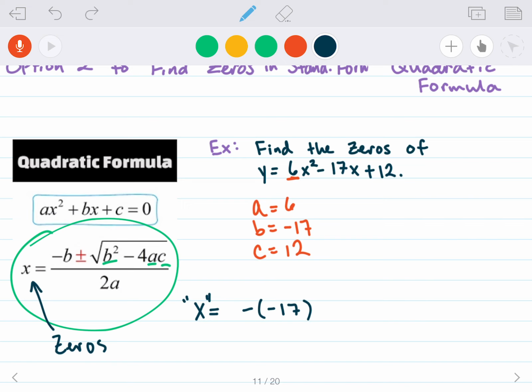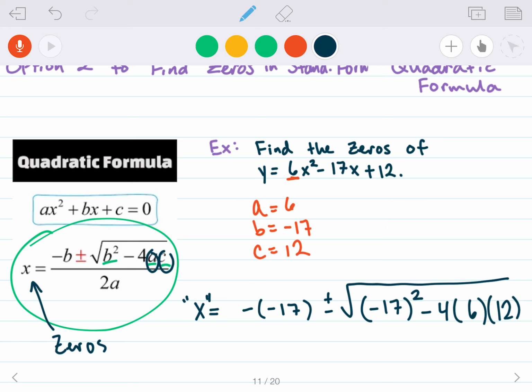Okay? Plus or minus, that's what the formula says, square root of b. Again, I'm putting parentheses to say I'm inputting something for b. Minus 4, I'm inputting a and c. So I'm inputting a 6 and I'm inputting a 12. And this is all going to be over 2 times a.